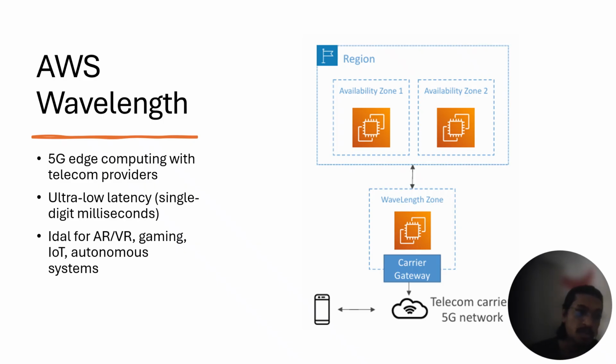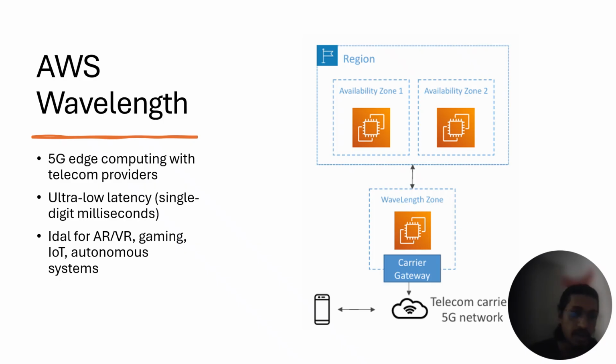Okay, now let's move to Wavelength. AWS Wavelength is designed for 5G applications that require extremely low latency. It places AWS infrastructure inside telecom operators' networks, and this reduces the latency down to single-digit milliseconds, enabling applications like augmented reality, autonomous vehicles, and real-time IoT controls.